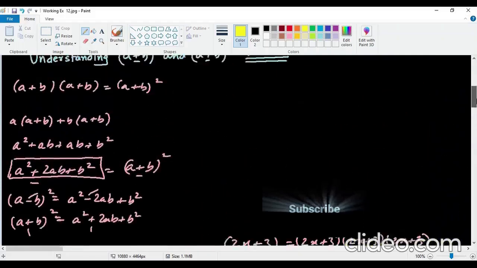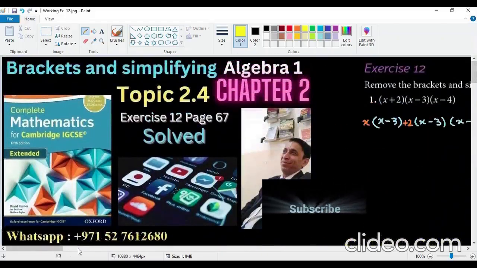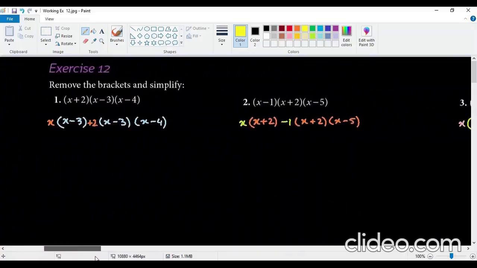Now, moving on to question number one. Since there is no formula used here, what I will do is I will multiply x minus 3 first by x and then second by 2. So this gives you x square minus 3x plus 2x minus 6. So this is going to be the answer for the first two brackets.